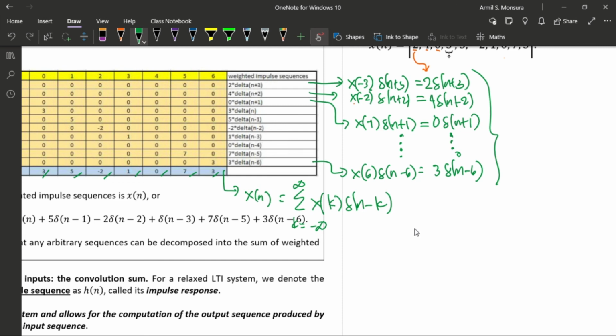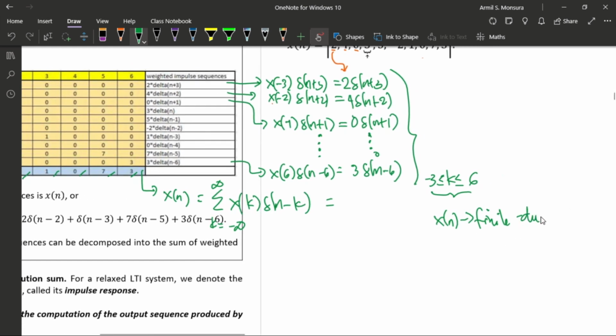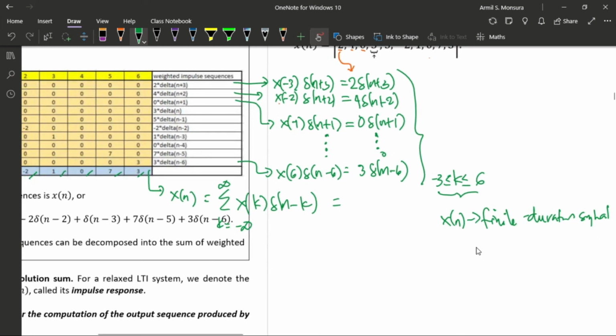But in this case, ang k lang naman natin is defined from negative 3 hanggang positive 6. Na-determine natin na yung delays na kailangan natin is from negative 3 to positive 6, owing to the fact that your x of n is a finite duration signal, which is defined in the interval between negative 3 and positive 6.